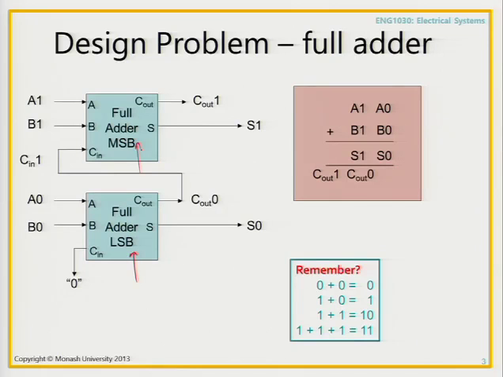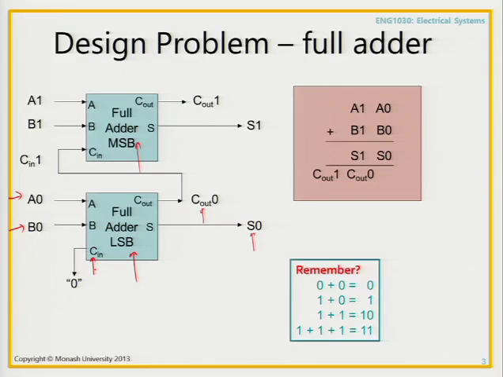What each of these full adders does is it adds two single binary digits, two single bits, if you will. A bit represented by A and a bit represented by B, and it gives you two outputs. A sum represented by S and a carry out represented by C out. In addition, it can take one more additional input, which is a carry in.